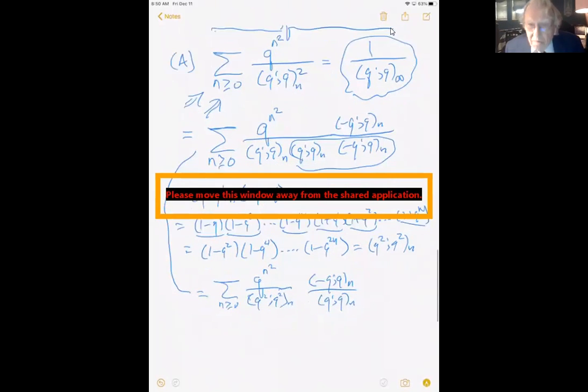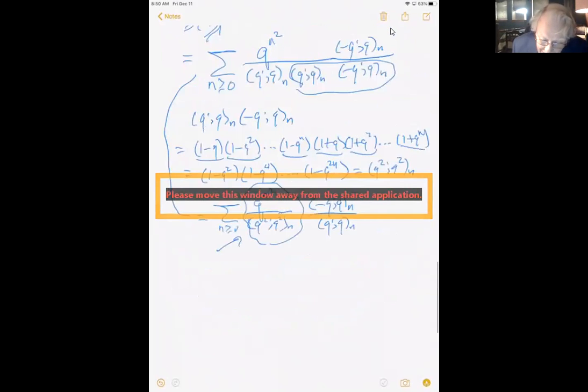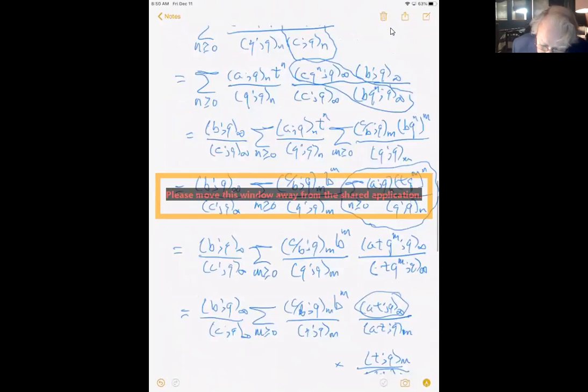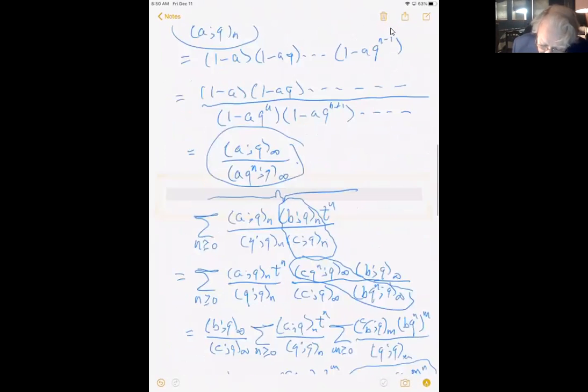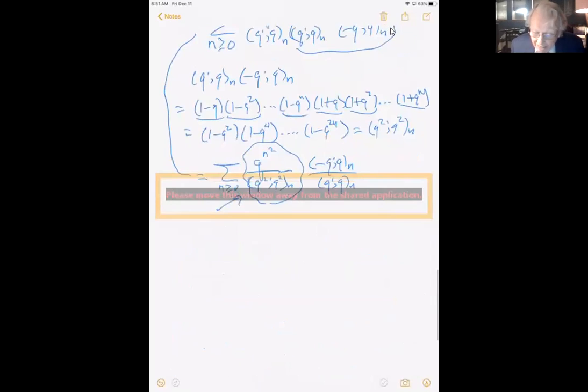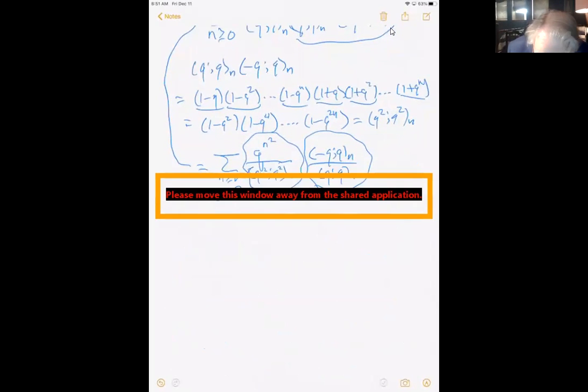Well, even a much lower mathematical ability than Ramanujan sees that now this expression here is very much like what you see right there. And so if you are familiar with the Heine technique, you can change these into infinite products and see what happens. And so you proceed then as follows: n greater than or equal to 0, q to the n squared.